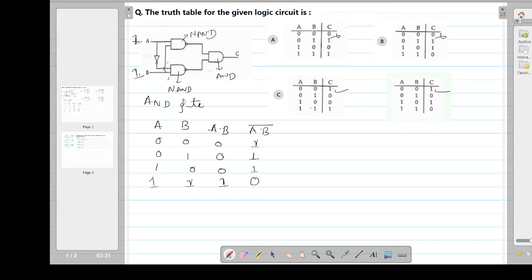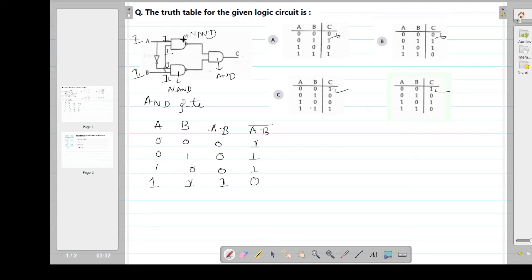When 1 is supplied to the gate A, then 1 will come here. This A again passes through this NOT gate, so 1 becomes 0 here. From B, 1 is directly supplied to this NAND gate, and this one flows to this NAND gate.